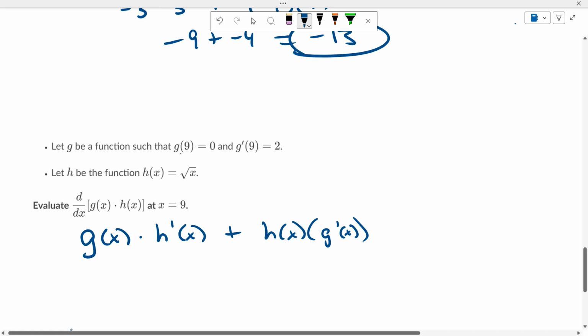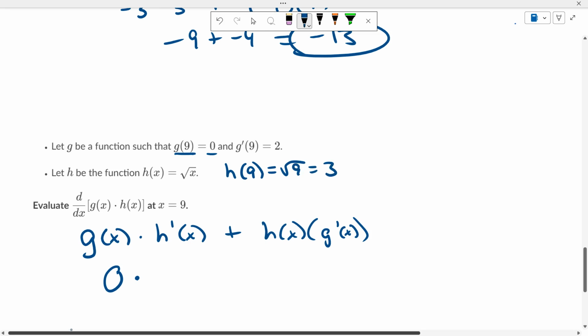Well, if it's at 9, g of x would be 0 times the first derivative of h of x. Well, h of x is the square root of x, right? So h of 9 would be the square root of 9, which would be 3.